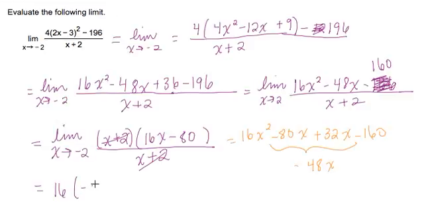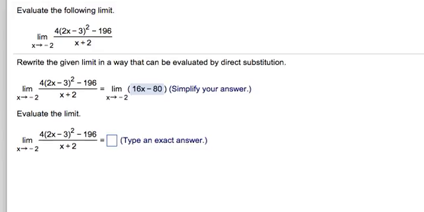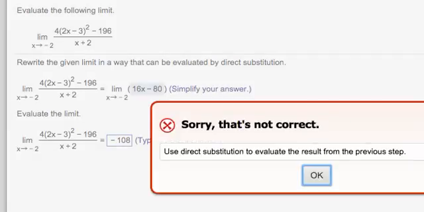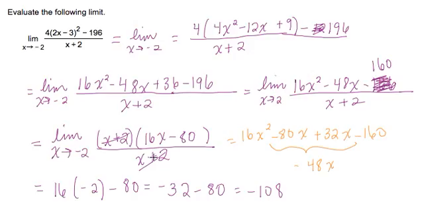So 16 times negative 2 minus 80, that's negative 32 minus 80 is, I'm not awake yet, 80 plus 32 would be what? Negative 108. Yeah, I think I can't add. 8, 10, 80. Oh, negative 118.